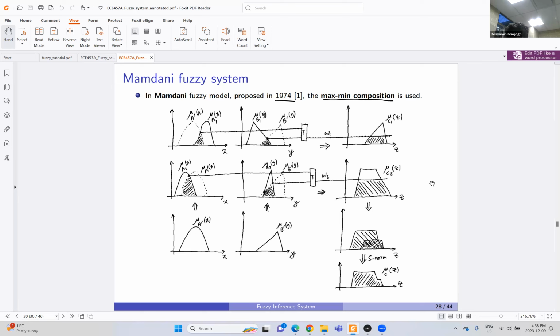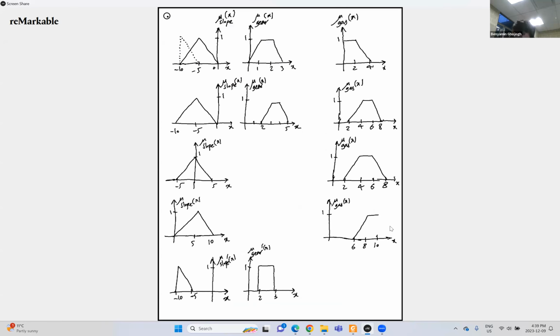Maybe we should do it by dash lines. I'm just repeating this here in the dash line in all of the rules.